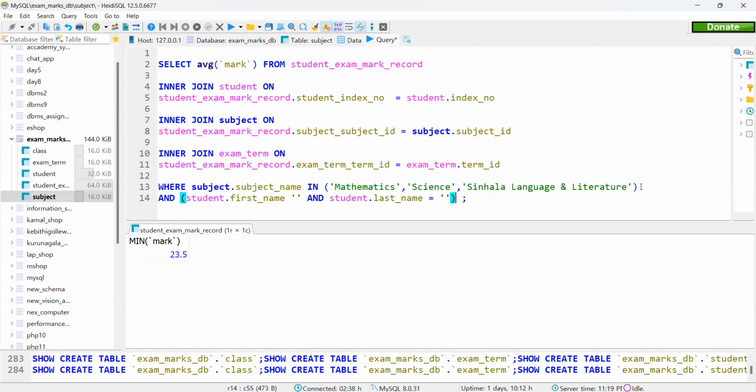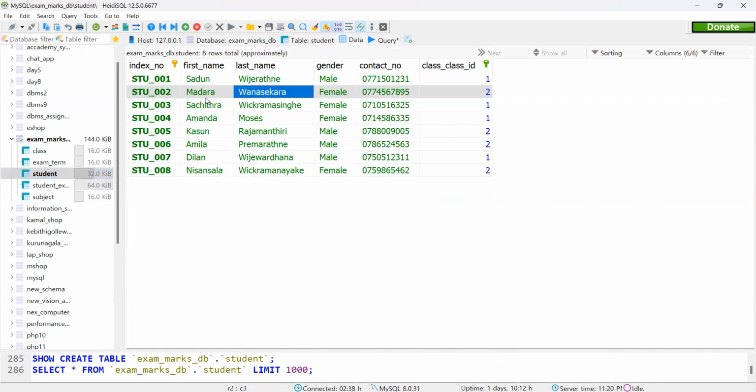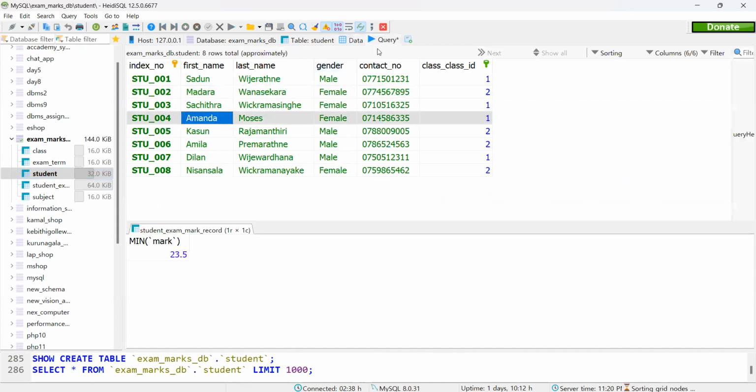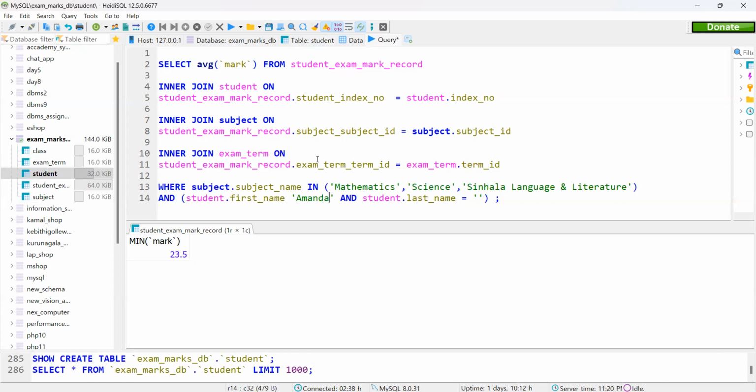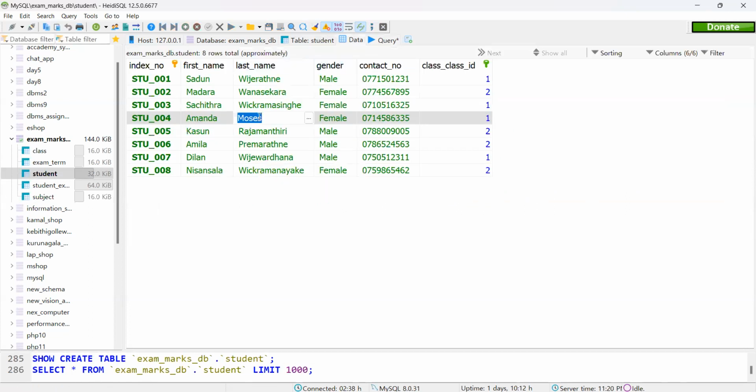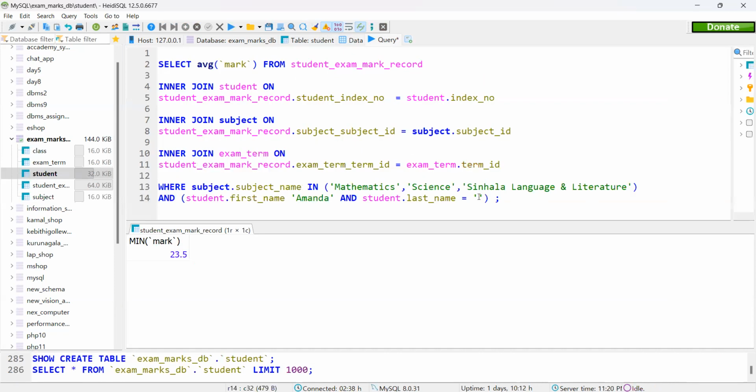Name and close the bracket. And this average mark for all these subjects.